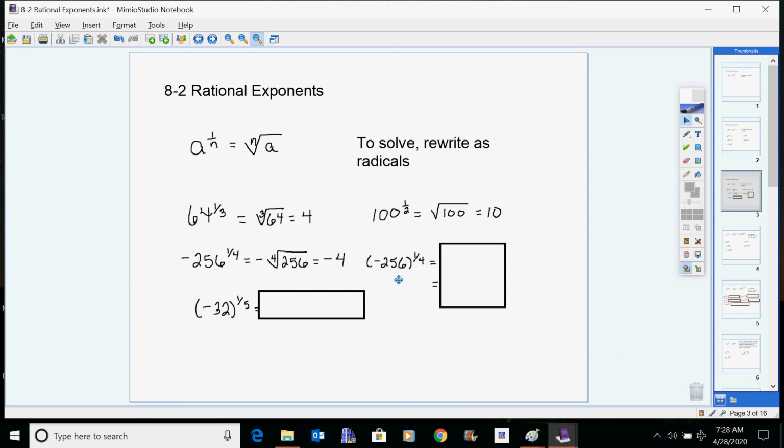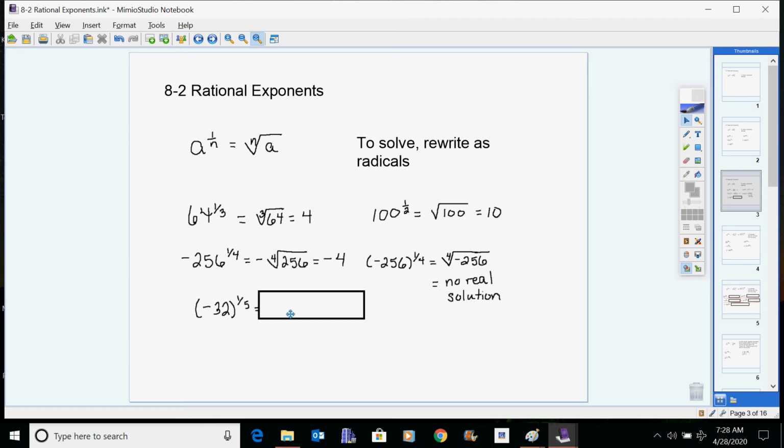This one is different entirely because the negative is actually under the fourth root symbol. Now the problem is that I'm trying to take an even root of a negative, and when you take an even root of a negative, you can't do that because anything times itself 4 times, the negatives would disappear, so you don't have a real answer, so there's no real solution to that. So do take note of the difference between these two.